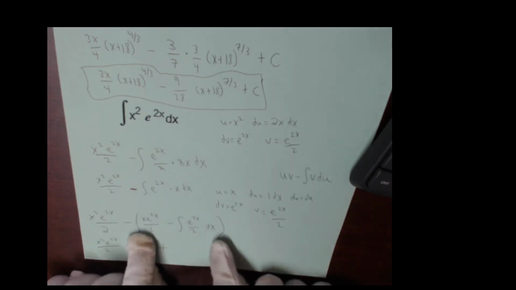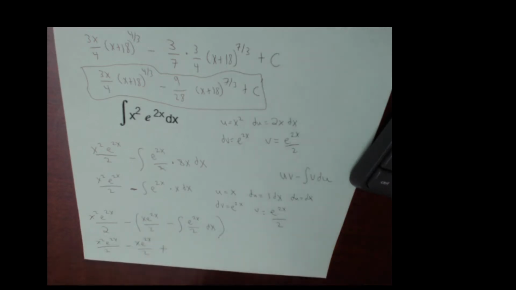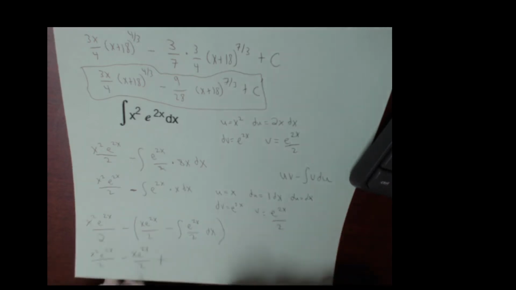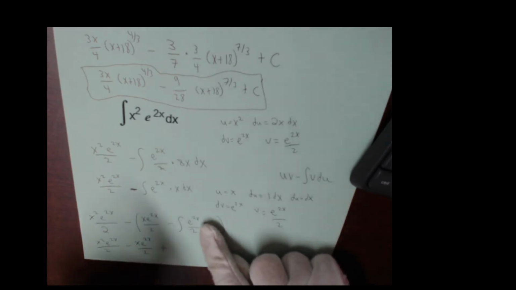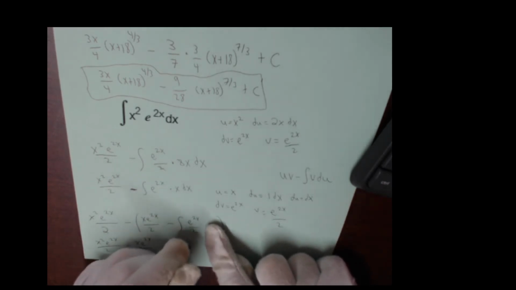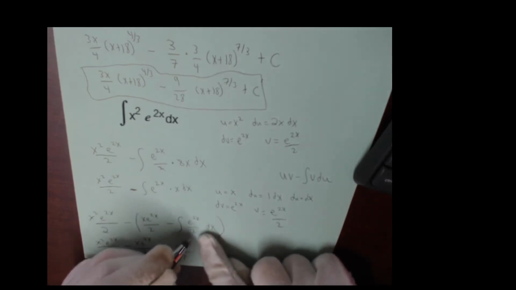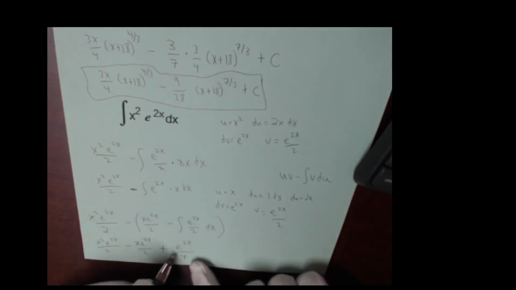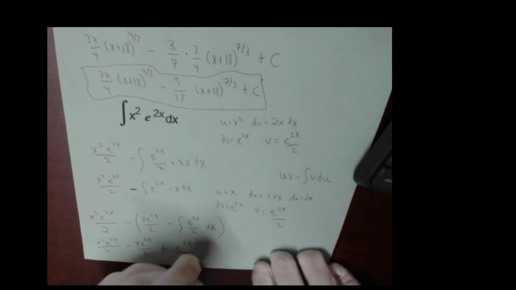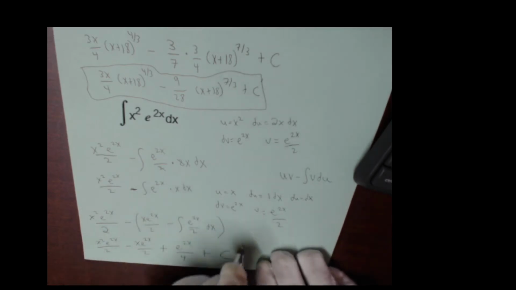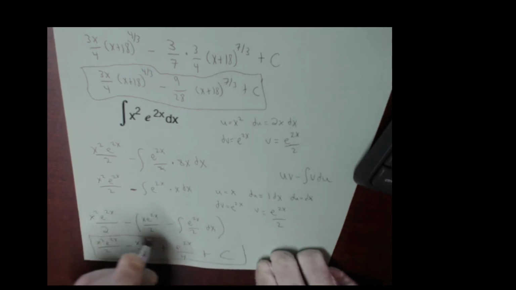That's why I really stressed putting all of this in parentheses. That's probably the most common mistake, so be careful there. The integral of e to the 2x over 2 is going to be e to the 2x over 4, because remember another 2 would kick out because of the chain rule. So watch, if you take the derivative of this, the 2 comes out, 2 cancels with 4, becomes a 2. Plus c, and we are done.